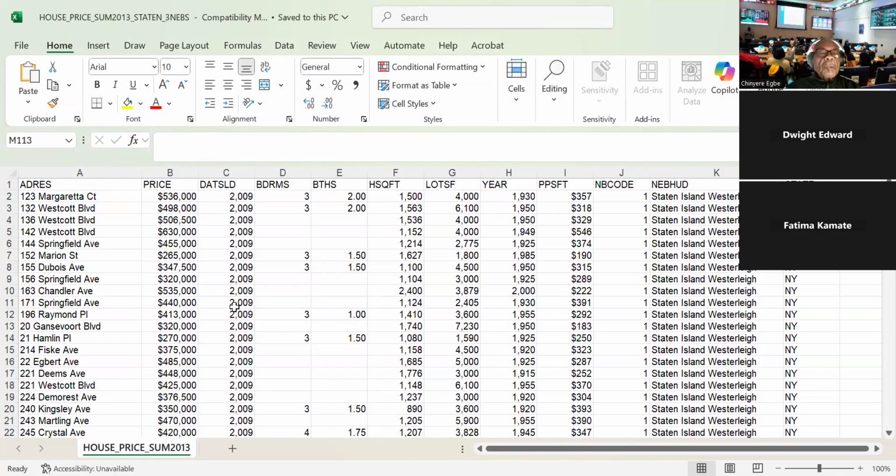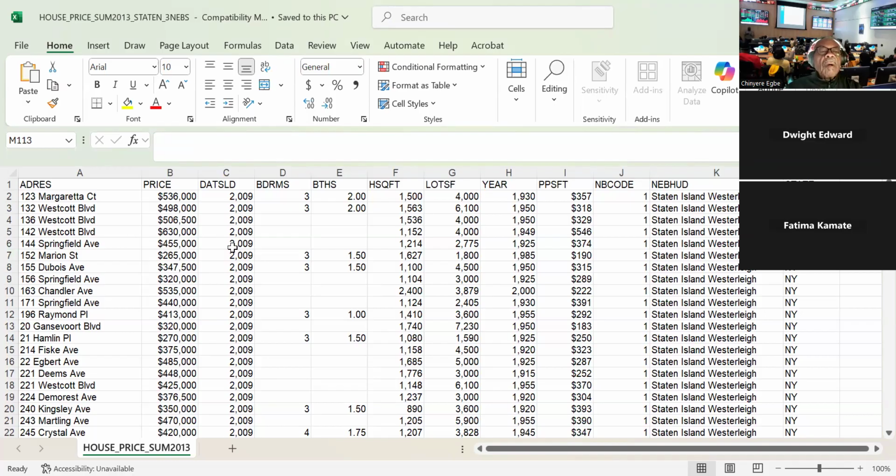Now, I'm going to say, for example, you have data here on the price of houses in a neighborhood.